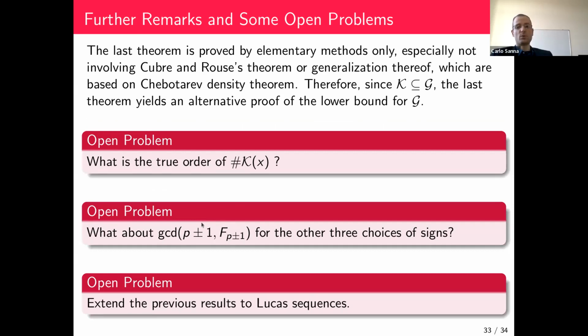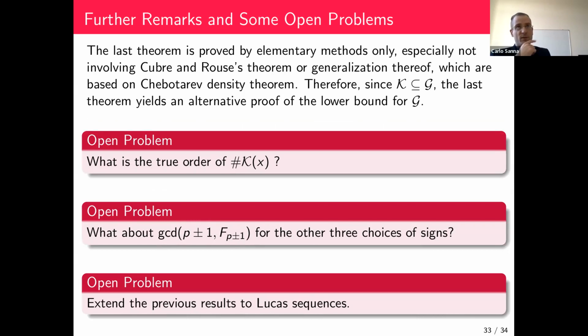Then one can surely do some variations. For example, instead of considering only shifted primes p minus 1, one could consider the GCD of p plus 1 and F of p plus 1, and also the other possibilities of the signs.